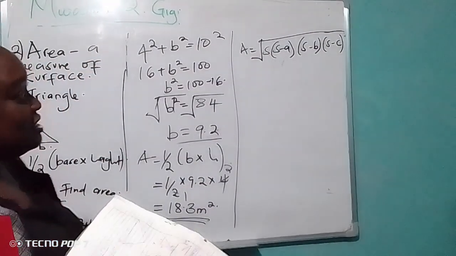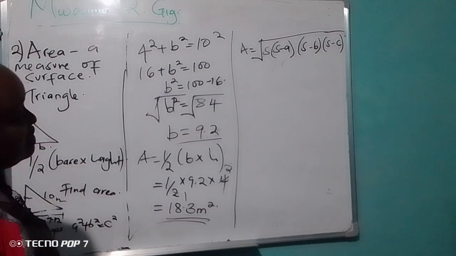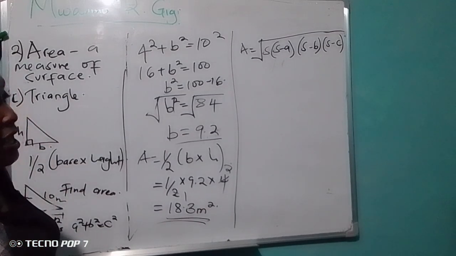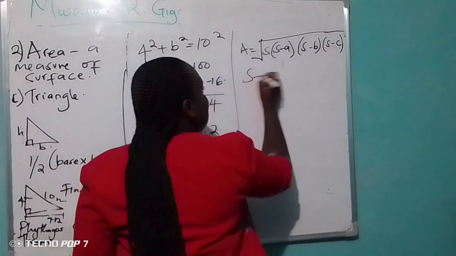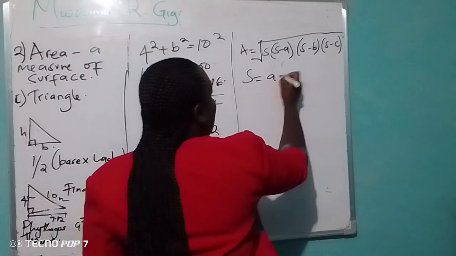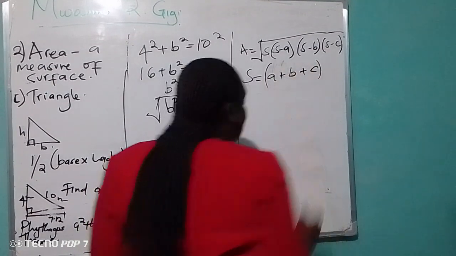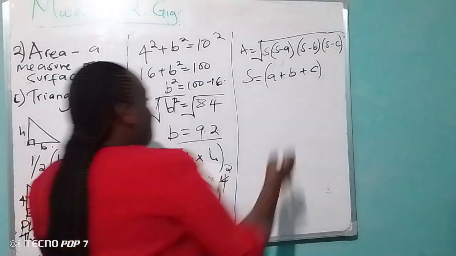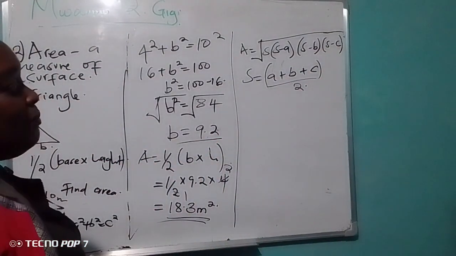Is the square root of s into brackets s minus a, s minus b, s minus c. So what is this s? S is a plus b plus c, then a half, divided by 2. A plus b plus c.